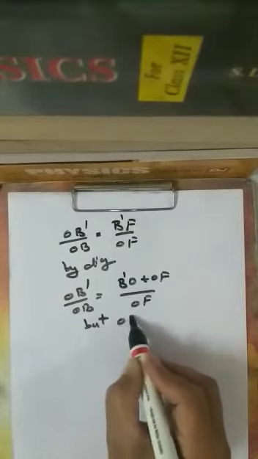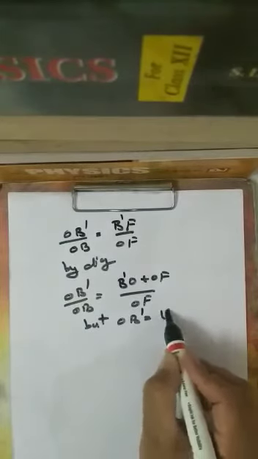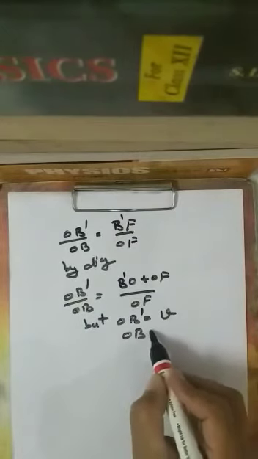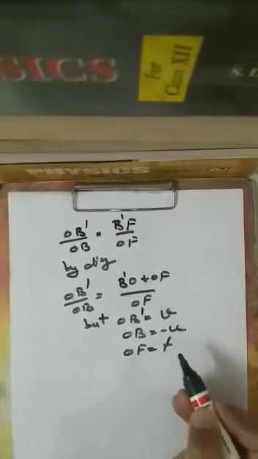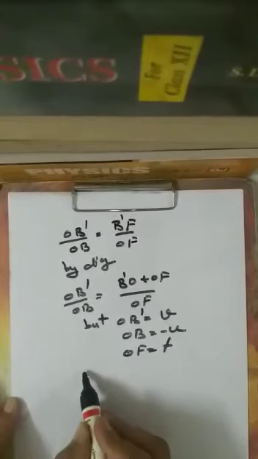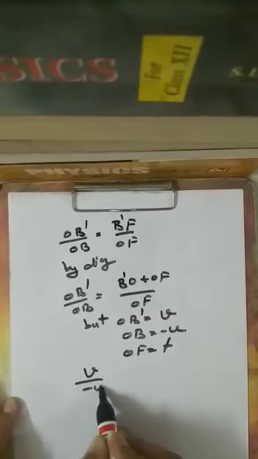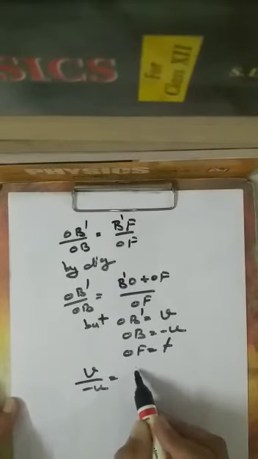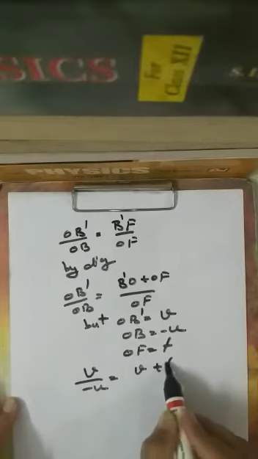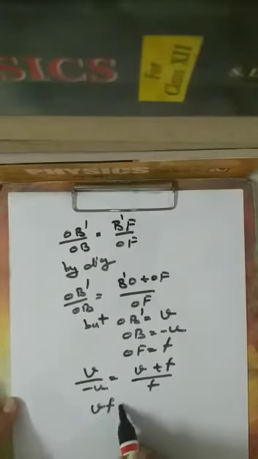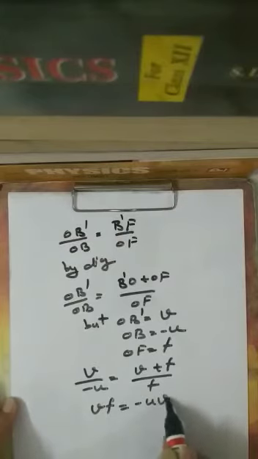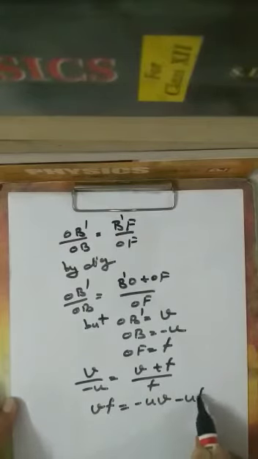But OB dash is equal to V, OB is equal to minus U, and OF is equal to F. By putting these values we get V upon minus U is equal to V plus F upon F. Cross multiply: VF is equal to minus UV minus UF.